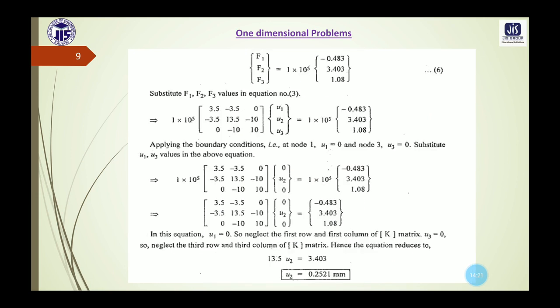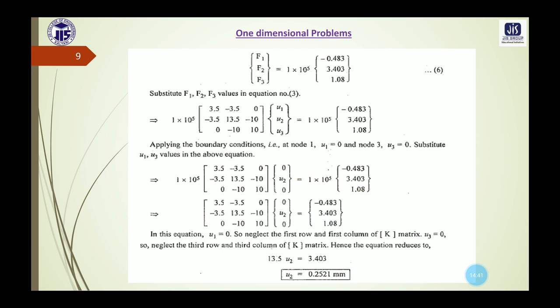So this is the boundary condition, that u1 equals 0 and at node 3 u3 equals 0. So that means in the earlier equation we can put the value of u1 and u3 as 0.